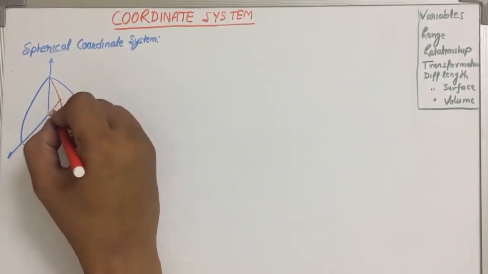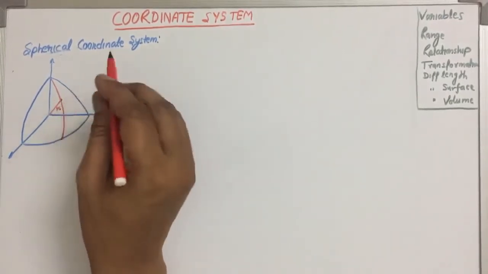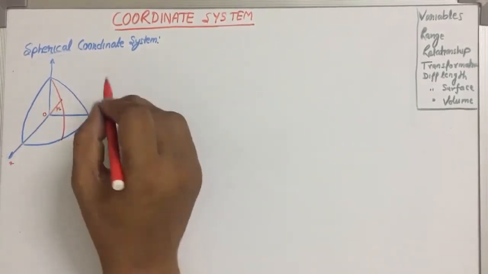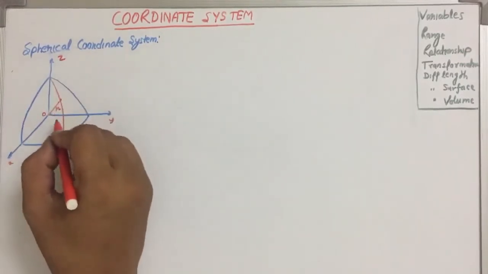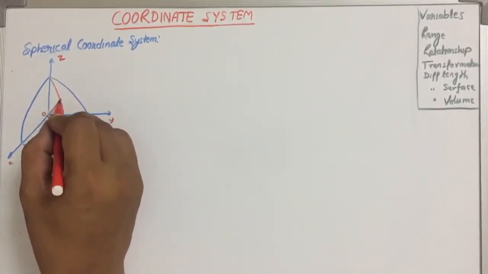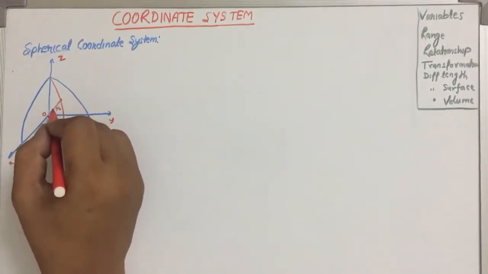First variable can be its radius, and second can be the angle, this is the projection of this.